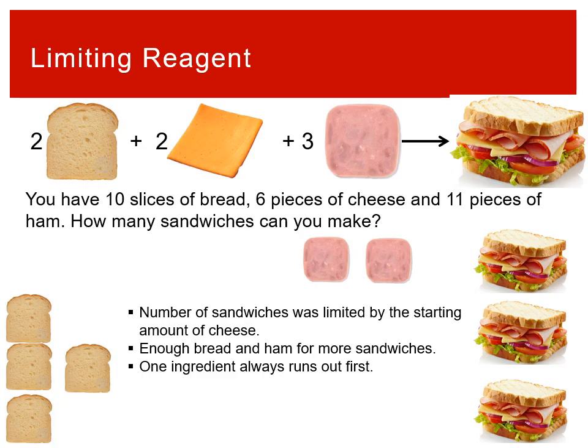And if you mix ingredients where they're not at the ratio of the recipe, right? This 2 to 2 to 3, you are guaranteed that one will always run out. And whichever one runs out limits how many you can make. So the cheese is your limiting ingredient here because it has run out. You still have bread and ham left over, but you can't make more sandwiches.